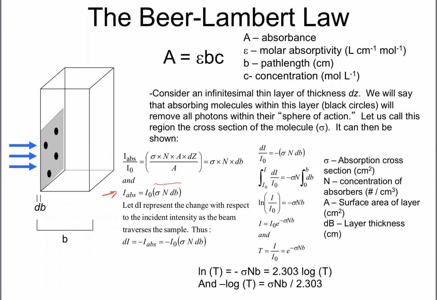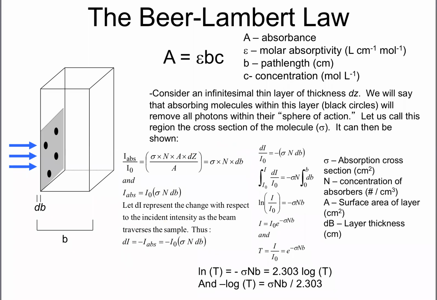So what I'm going to do is let dI represent how much the incident intensity changes as the beam traverses the sample through a layer thickness, which I'm going to refer to as dB. Notice how I switched dz to dB. Z is really just a typo; it should always be B in this case.